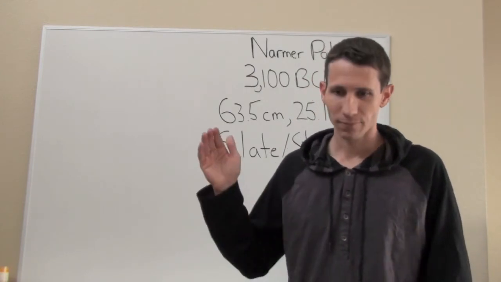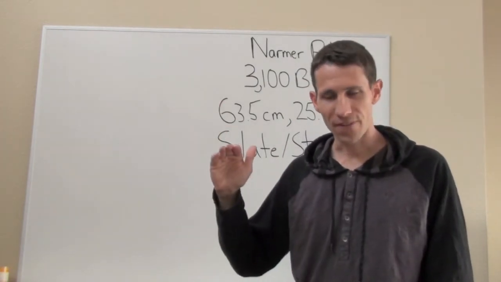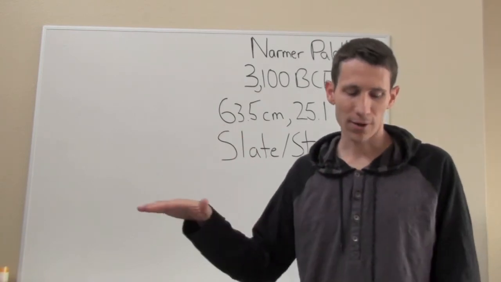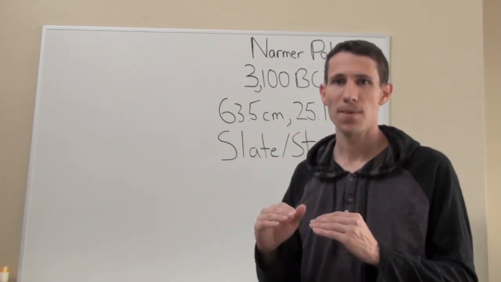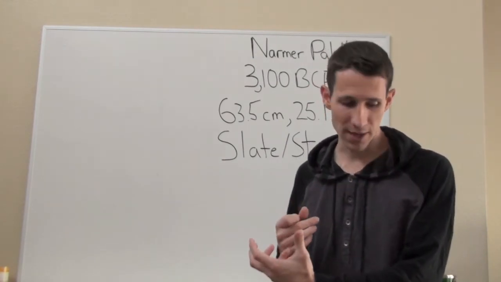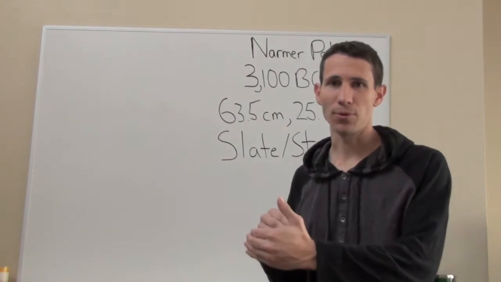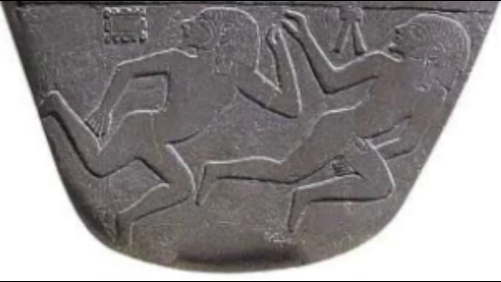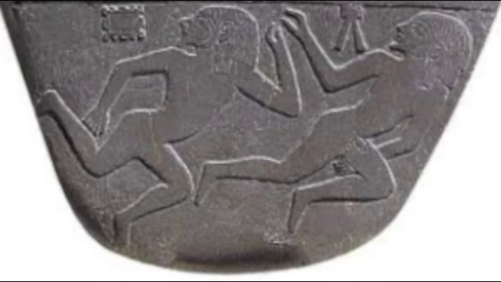And then below the pharaoh, you have a line marking off a lower register, and then there's another group of two individuals being basically trampled symbolically, so they're under the feet of Narmer. So they're symbolically being trampled by the pharaoh.